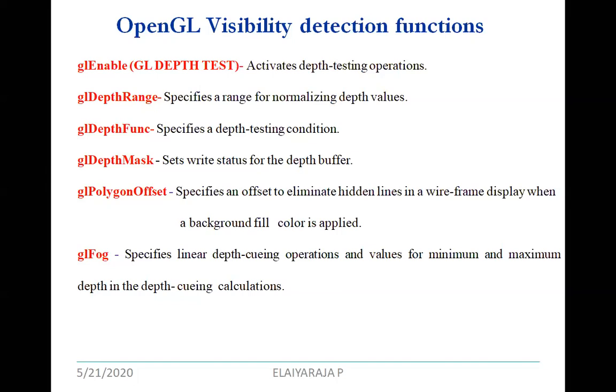Depth mask sets the write status for the depth buffer. Polygon offset helps to eliminate hidden lines in any polygon wireframe which you want to display when a background fill color is applied.